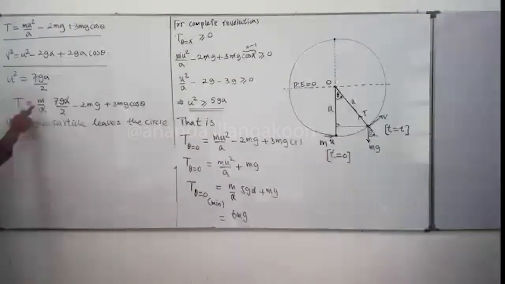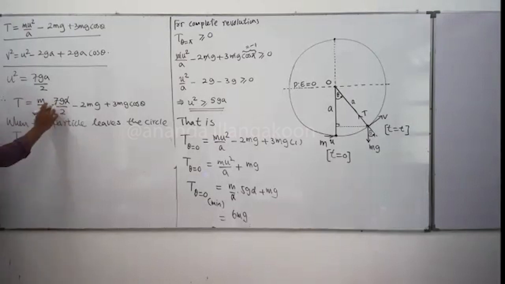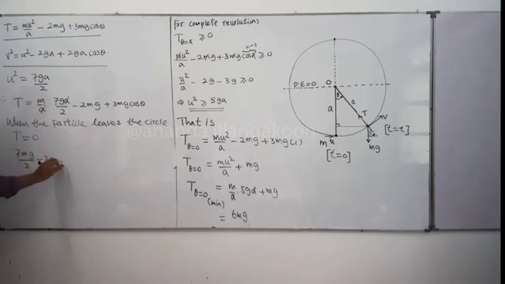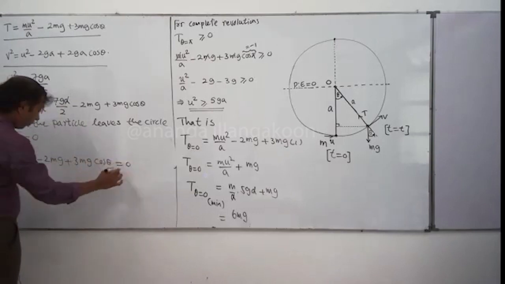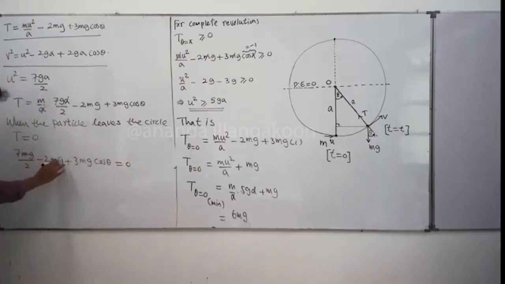Right. Then we get this now: 7mg by 2 minus 2mg plus 3mg cos theta equals 0. You can cancel down this mg.